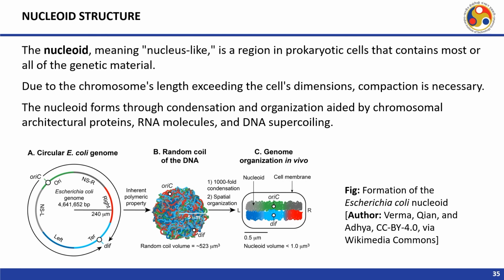So, you can see the random coil volume, for example, is something around 523 cubic micron, and then the nucleoid volume is something about 1 cubic micron. So, that is the level of reduction, which is 1000-fold condensation.